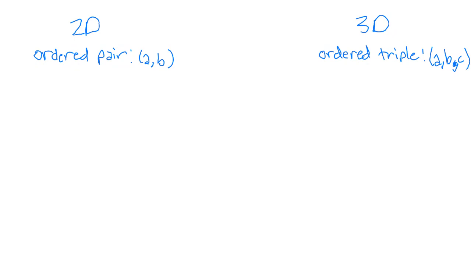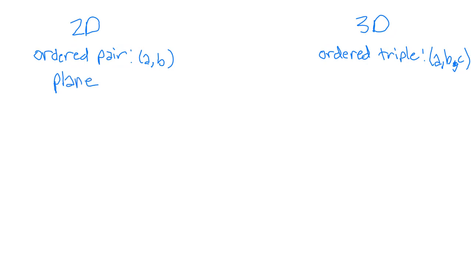Now, those tell us directions, but they tell us directions in what? When we think about 2D, we are looking into planes, because we only have two axes.